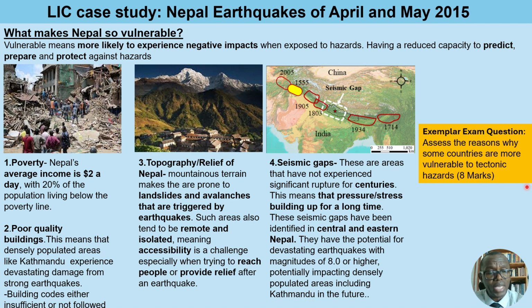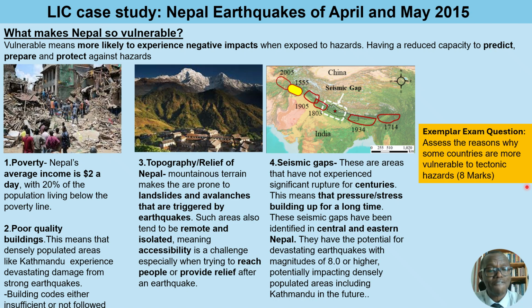Now, that has implications both at a national level and at an individual level, because if people are not earning a lot of income, then the country cannot generate enough revenue for its GDP. So the country as a whole is poor. And that means that in terms of predicting, preparing, and protecting against earthquakes, the government does not necessarily have enough money to do that effectively.